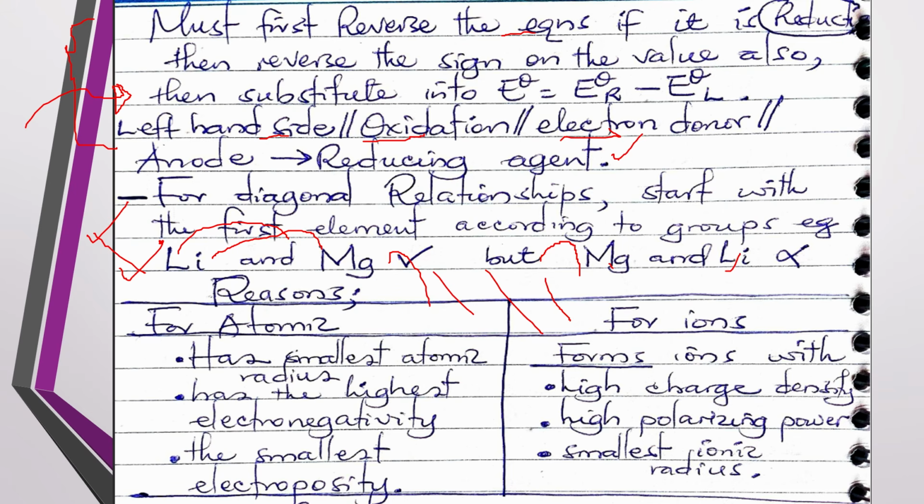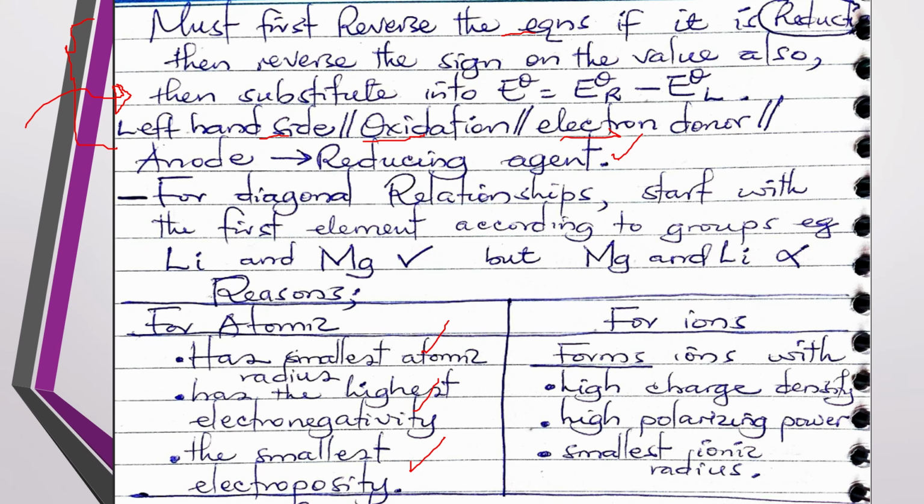Boron and silicon. You must know all the three pairs that participate in diagonal relationship. Then the reasons for why pairs engage in diagonal relationships, I told you that is periodicity. You talk about periodicity characteristics. One being smallest atomic radius, then the other being relatively them having quite similar atomic radius, having high electronegativity, similar electropositivity, similar electron affinity, similar ionization energy.